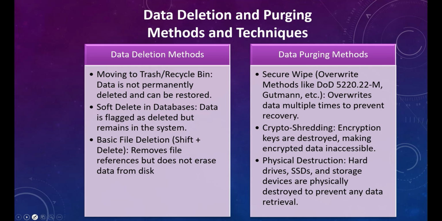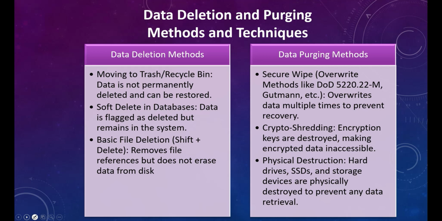So what are the different methods and techniques to do data deletion and purging? Data deletion looks quite simple, right? You can just delete the data, right-click delete or press the delete key, from a system or application. Or you can drop a table. That is the concept of deletion.